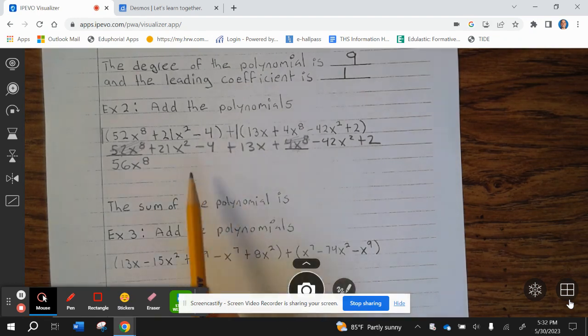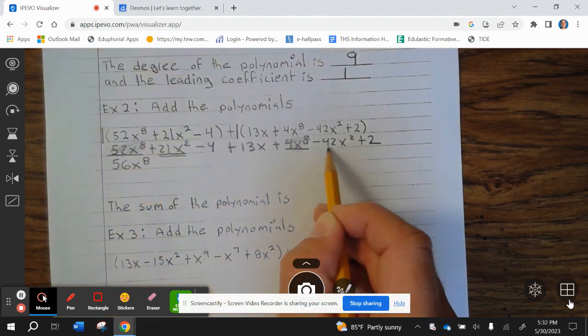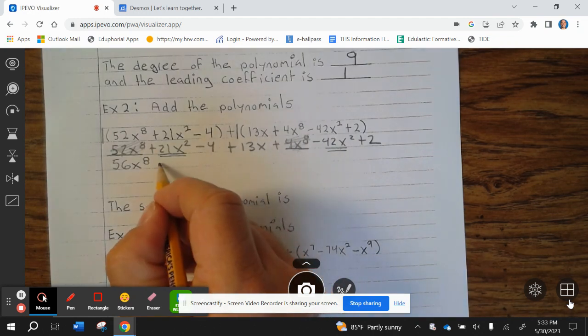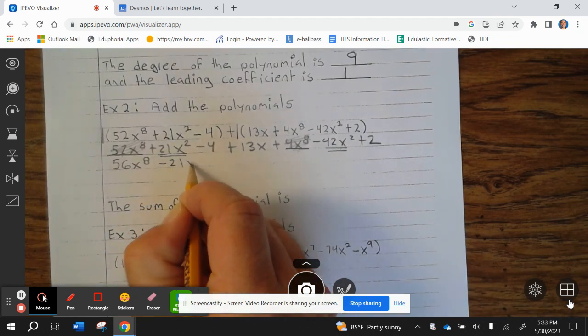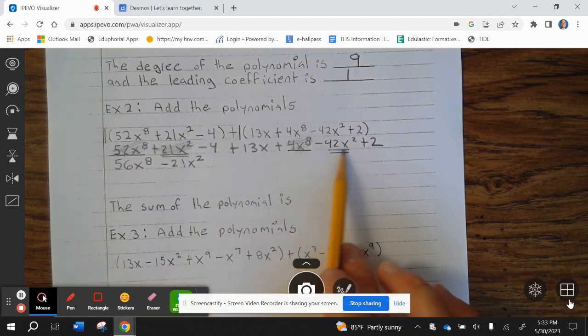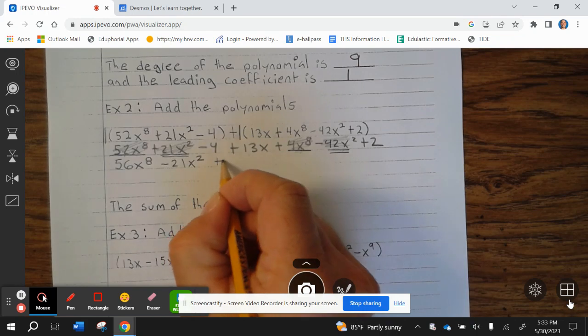Now we look at the x squared terms: 21x squared minus 42x squared is minus 21x squared. So I'm done with those. Now we have plus 13x.